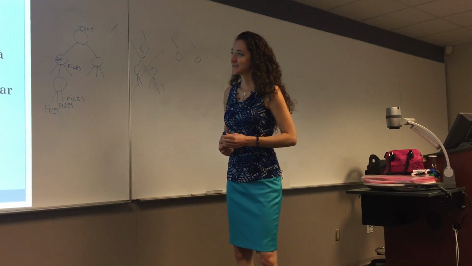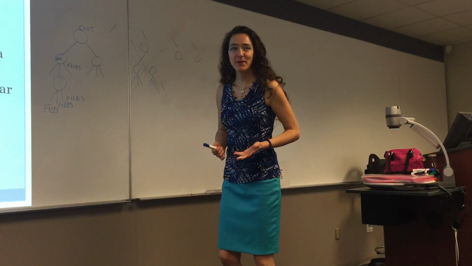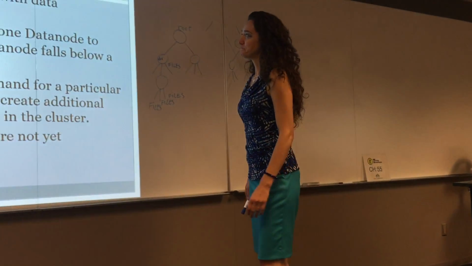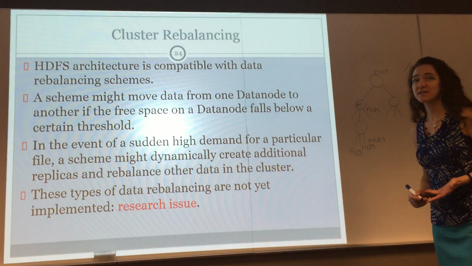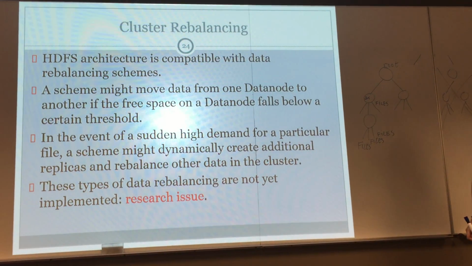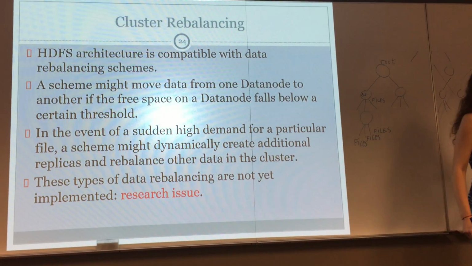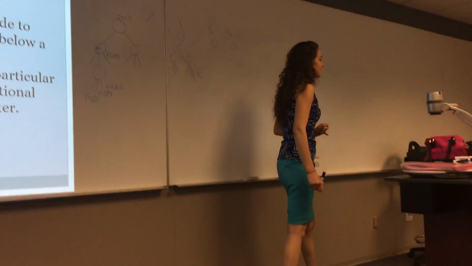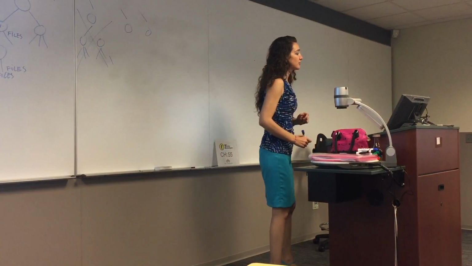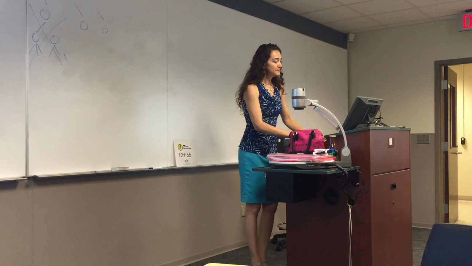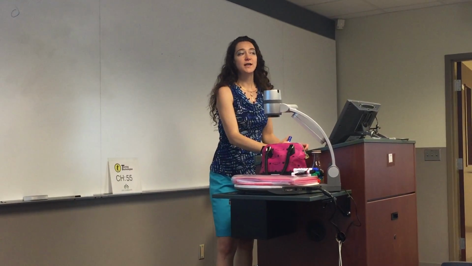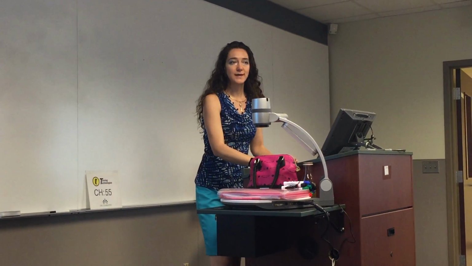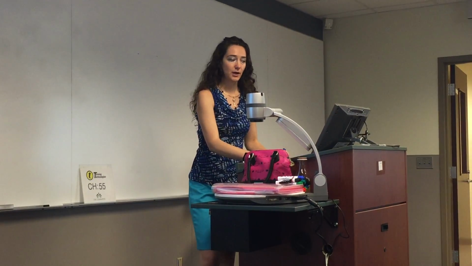So that is expected. If that happens, we need to rebalance our cluster, so we need to find other places to keep copies of the missing blocks and recompute the network utilization to make sure we're not creating any network congestion in the new places that we're placing the missing blocks.